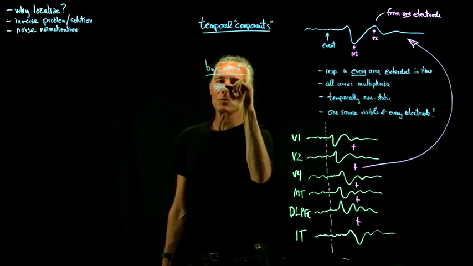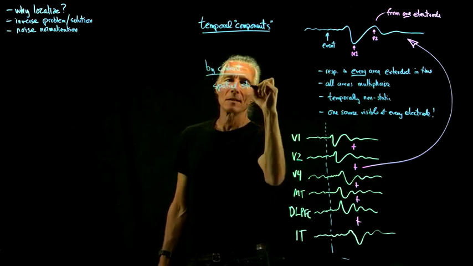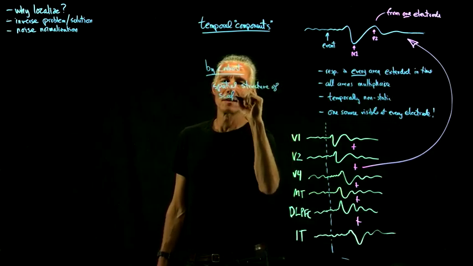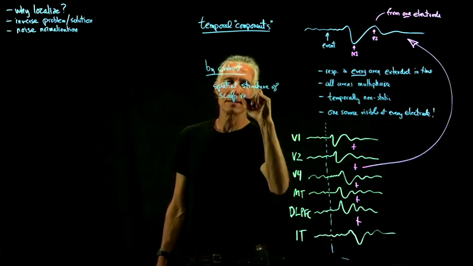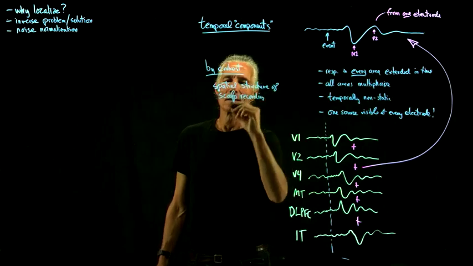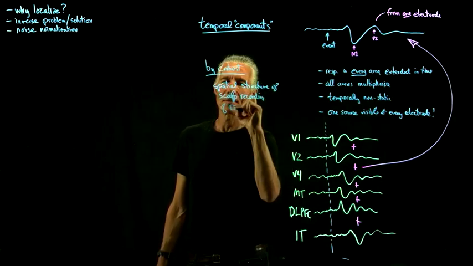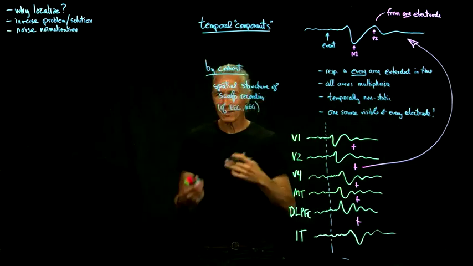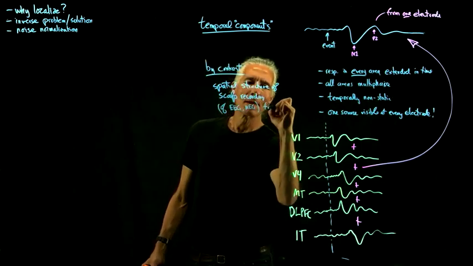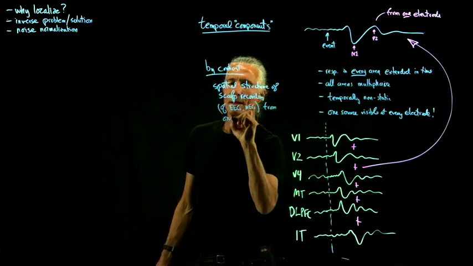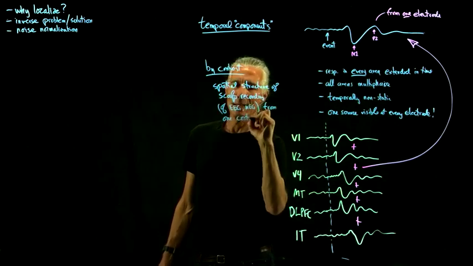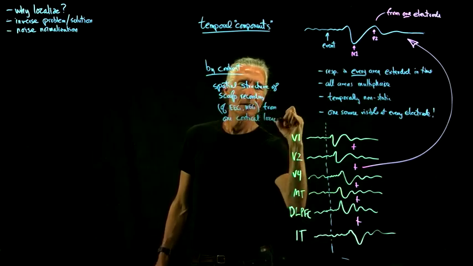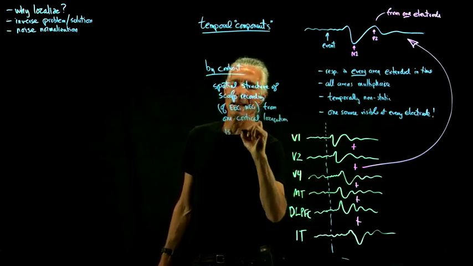the spatial structure of the scalp recordings of EEG or MEG, the spatial structure of a scalp recording from one cortical location is static.